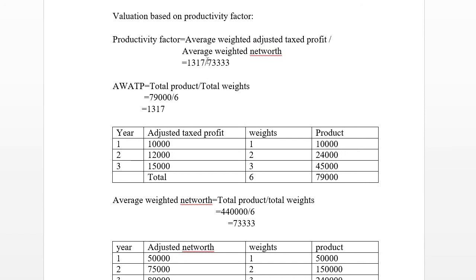Therefore, 1317 into 100 divided by 73,333.